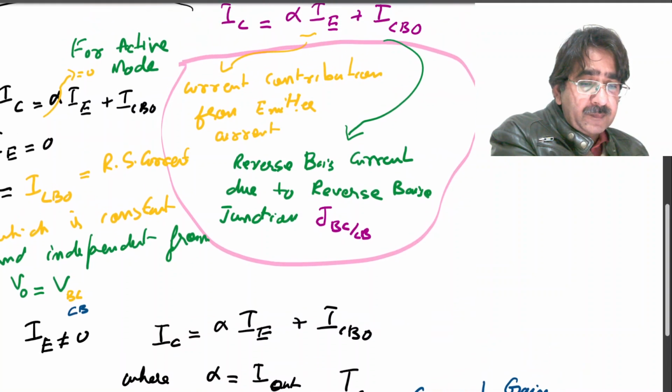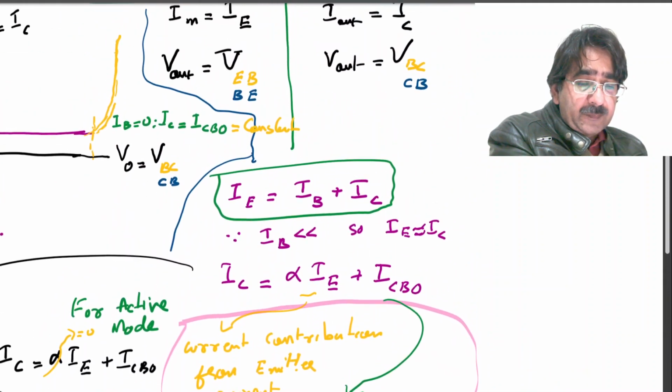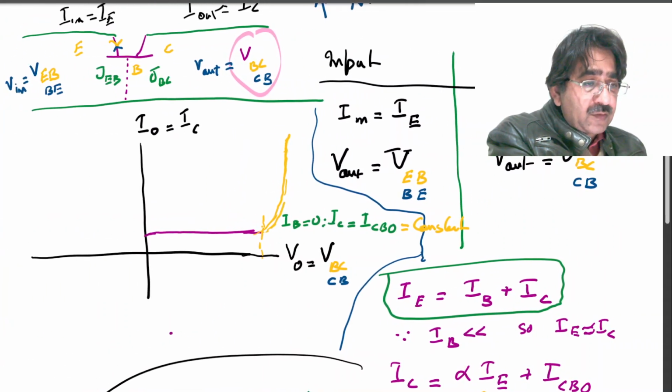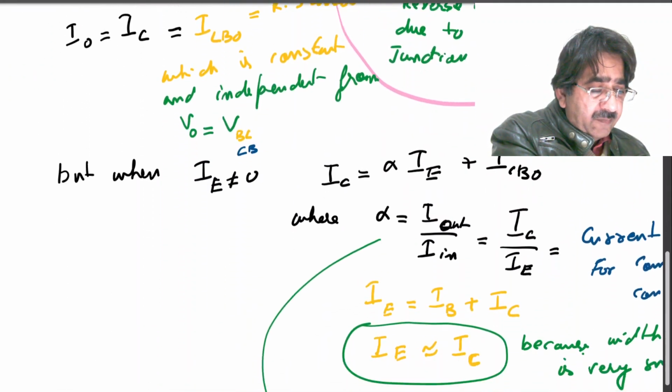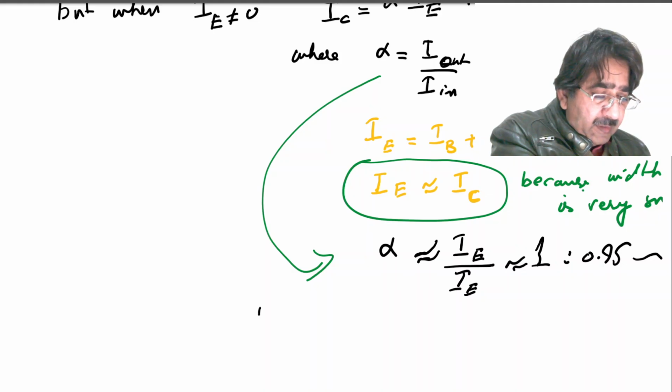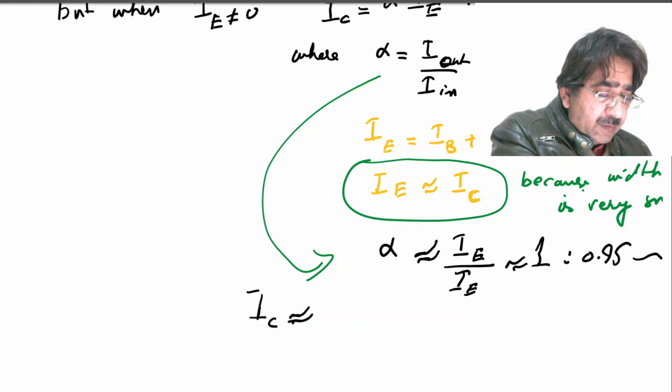If IB is not zero, you may say that IC will be approximately IE plus ICBO.